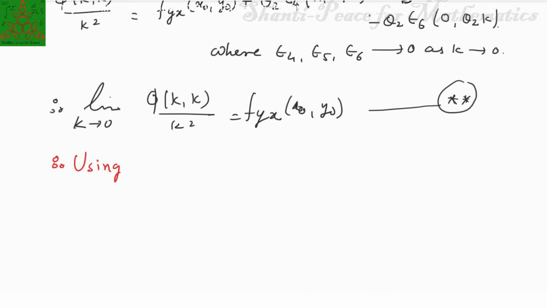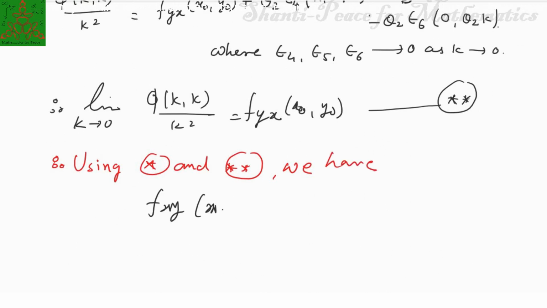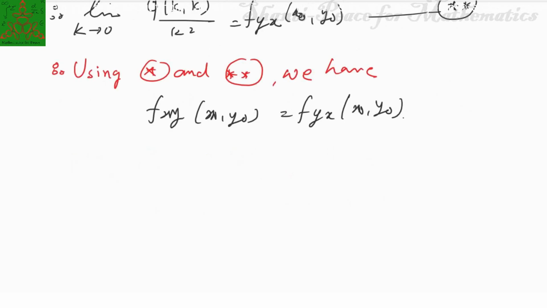So therefore, using star and double star, we have fxy at x0 y0 is the same as fyx at x0 y0. That completes the proof of this result. We'll write a note here that the converse of this result is not true. That means the converse of Young's theorem is not true.